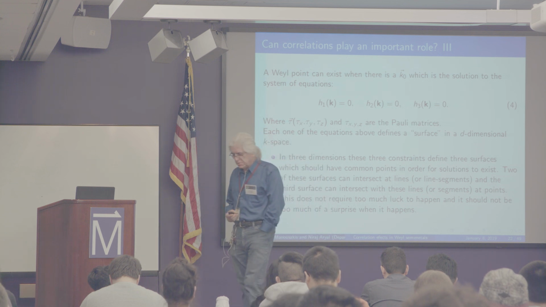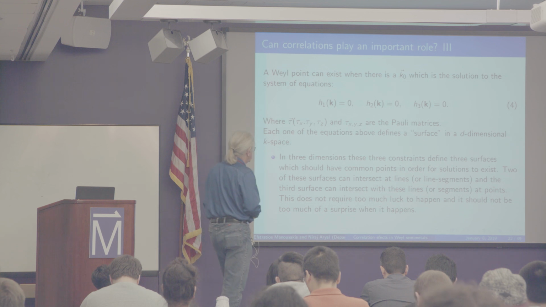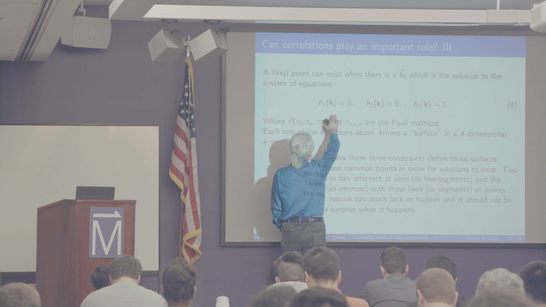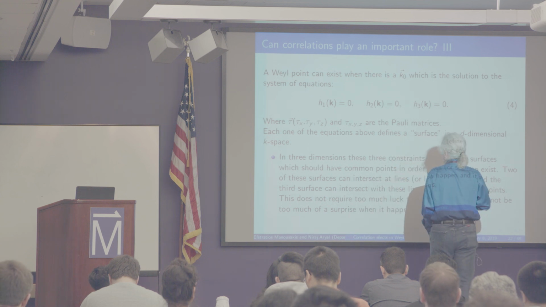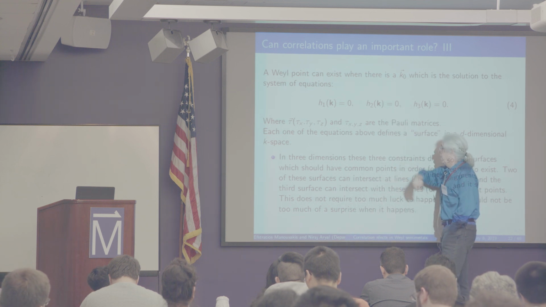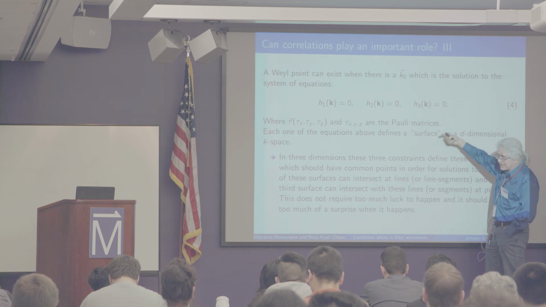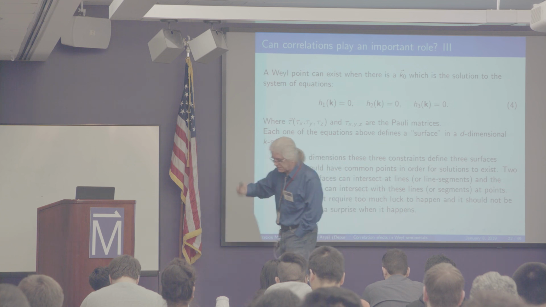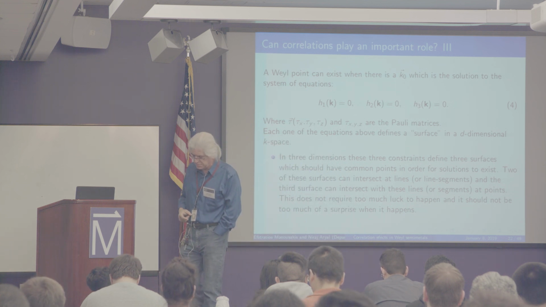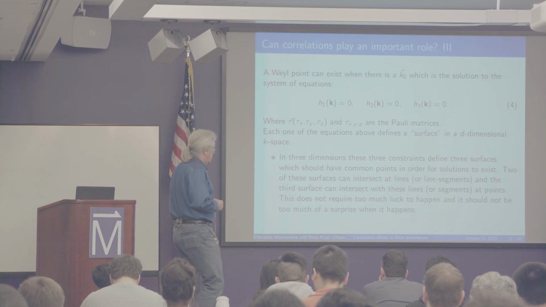Each one of these equations represents a surface in 3 dimensions, like, for example, the Fermi surface. It has to be intersected by another surface, and that will define a line. Then a third surface has to come in, and that line has to be intersected by that third surface, which is, again, quite possible. And so that will define your Weyl points.